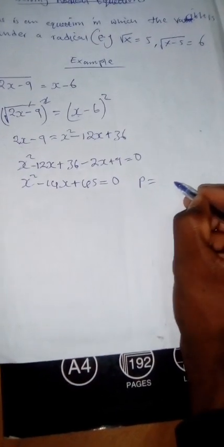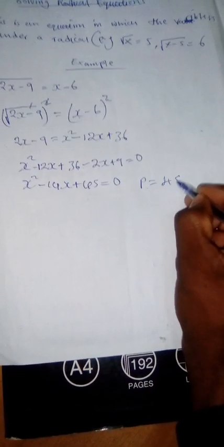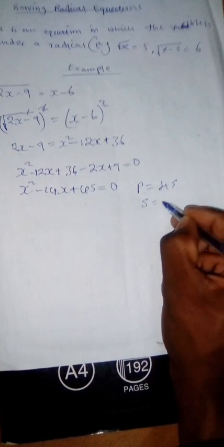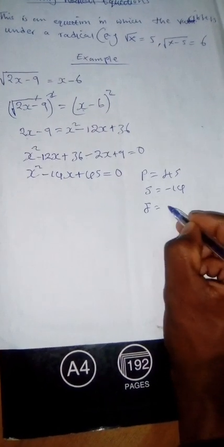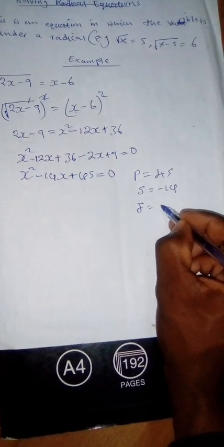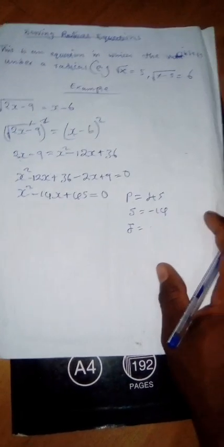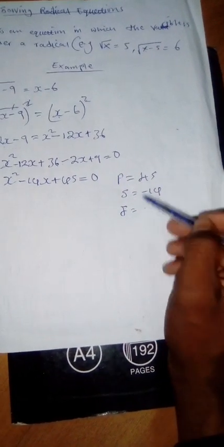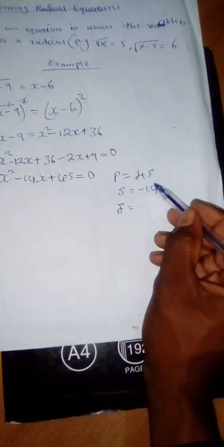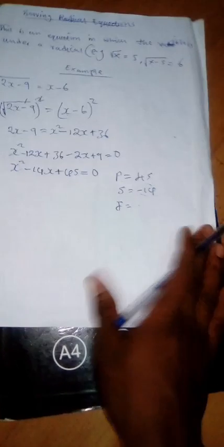Now our product is positive 45 and our sum is negative 14. We need to look for two numbers that, when we add them, give us negative 14, but when we multiply them, give us 45.